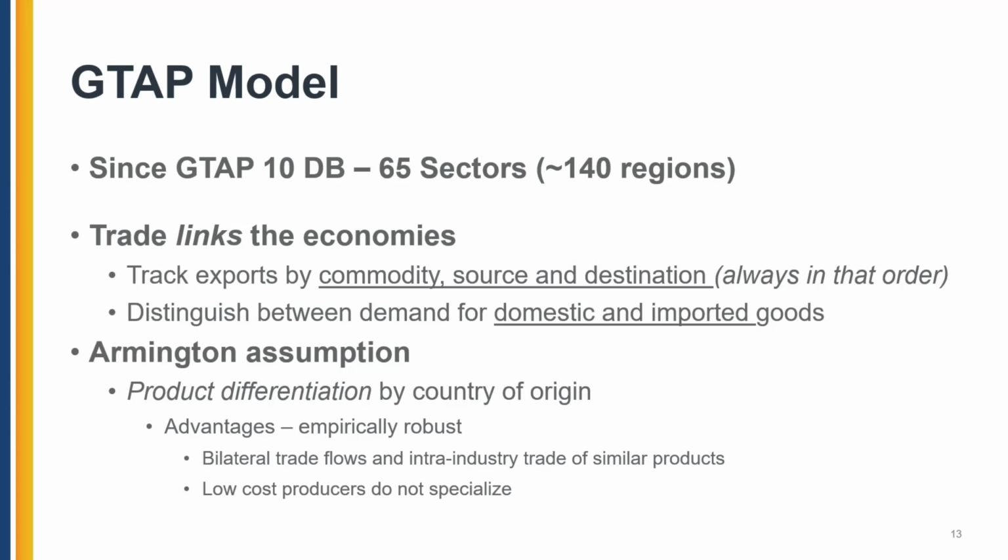That's what we would call the core detailed coverage of GTAP, at any time between 110 and 120, depending on how data ages and how useful it is. The rest of the world gets aggregated into regions where we don't have specific data, but we can put together a useful aggregate. GTAP has 65 production sectors.